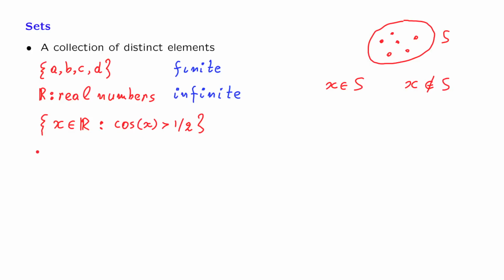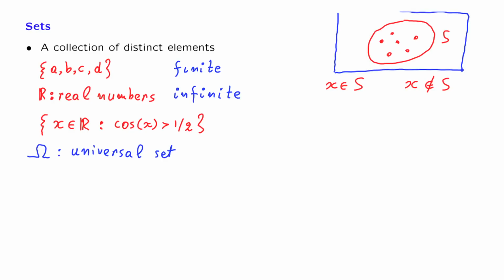One set of particular interest is the following. Sometimes, in some contexts, we want to fix a collection of all possible objects that we might ever want to consider. And that collection will be a set. We denote it usually by omega, and we call it the universal set. So having fixed a universal set, we will only consider smaller sets that lie inside that big universal set.